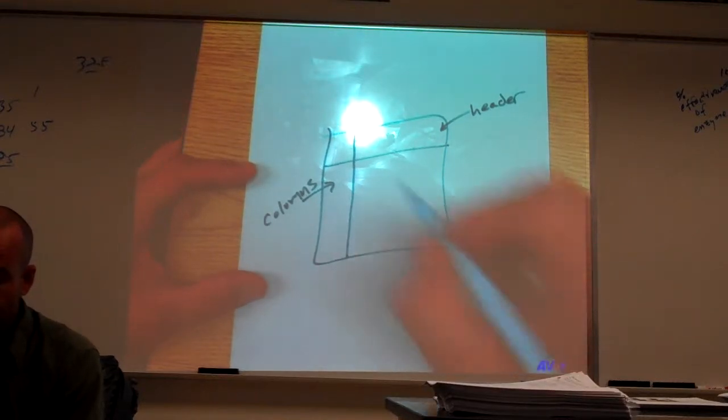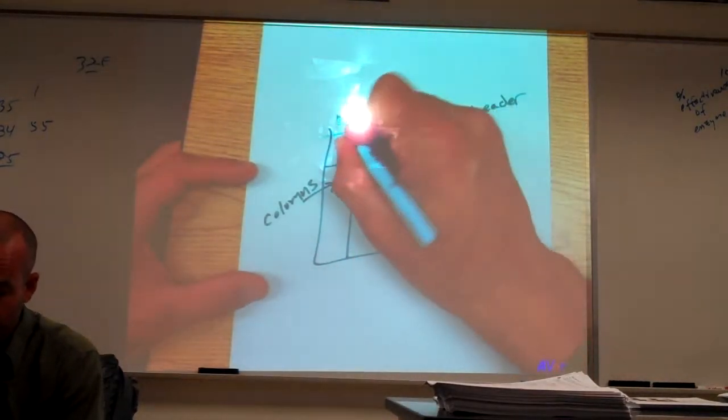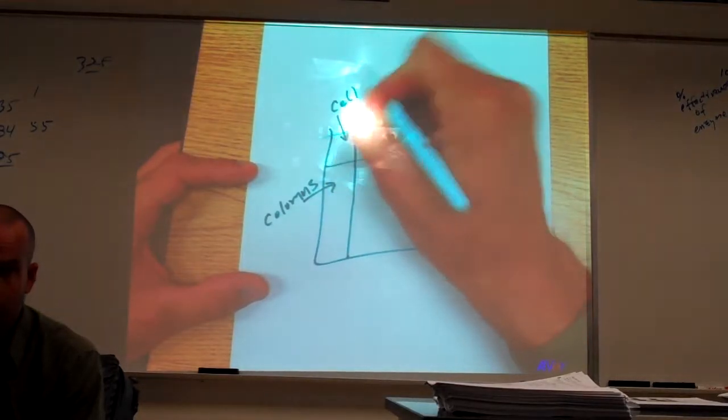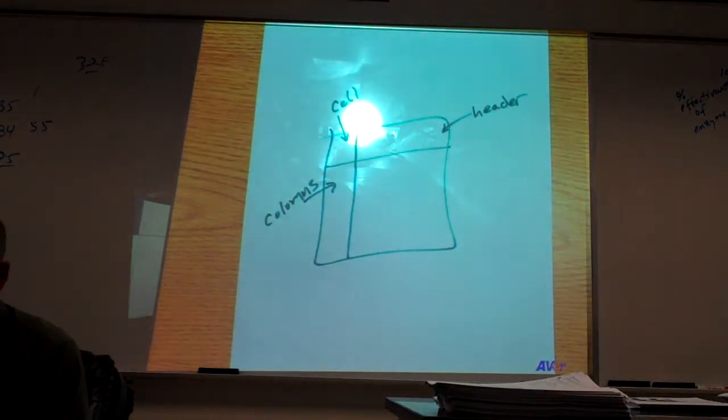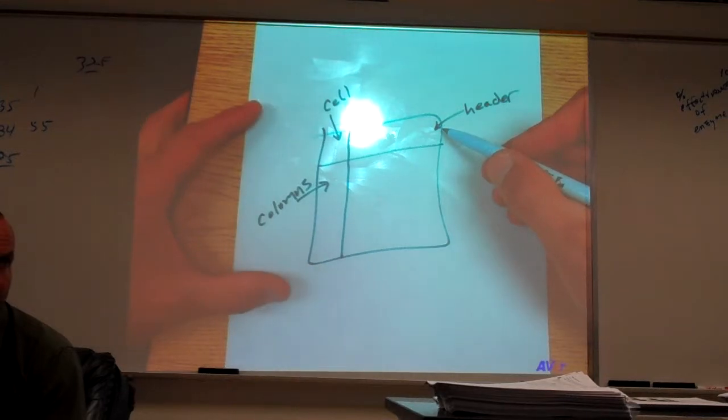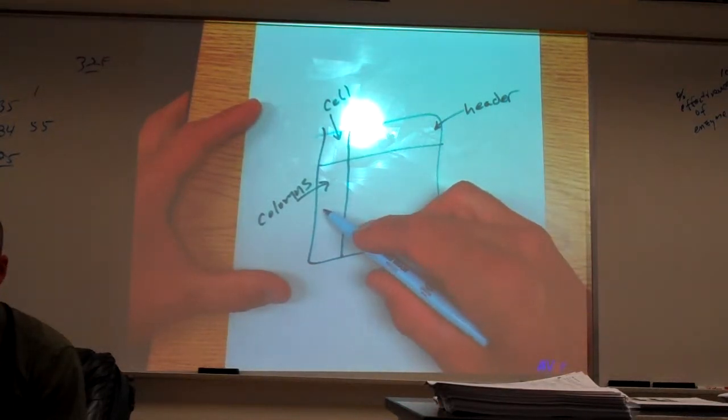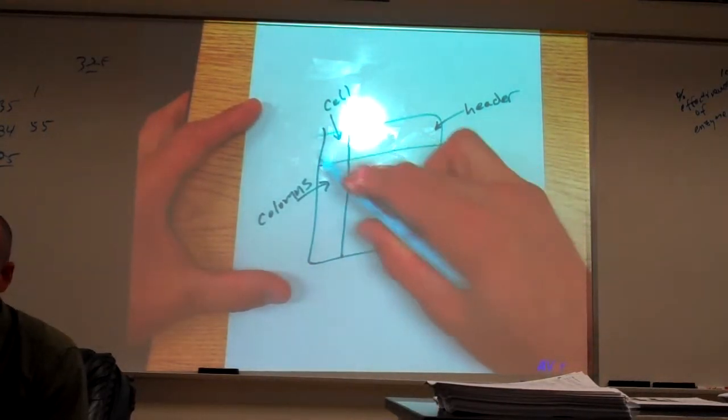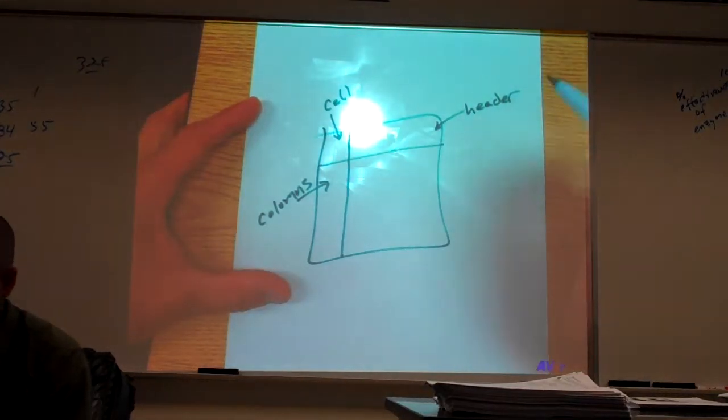And then one more thing. Each one of the boxes that we're going to create from this is called a cell. Okay? Just like a jail cell. So headers go on the top because it's on the head. Columns go up and down like a column on a building. And then cells are like a room or a cell that you're going to have your information in, okay?